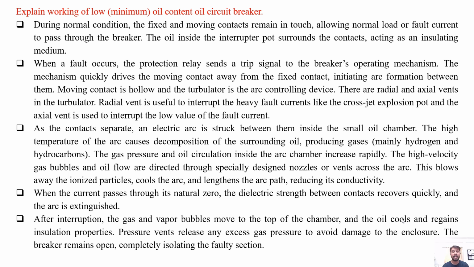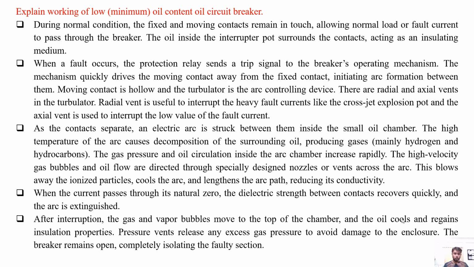Now, when the current passes through its natural current zero instant, the dielectric strength between the contacts recovers rapidly and the arc is extinguished. After the interruption, the gas and vapor bubbles move to the top chamber and the oil cools and regains its insulation properties. These pressure vents release any excess gas pressure to avoid damage to the enclosure or the breaker.